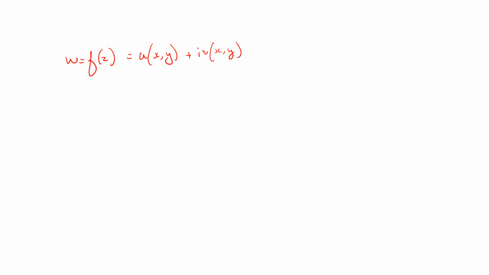So we have the real and the imaginary part, and what conditions should they satisfy such that this function is an analytic function? They should satisfy the Cauchy Riemann equations. The CR equations are necessary and sufficient conditions for analytic functions.